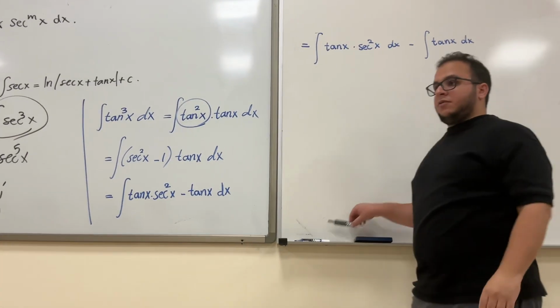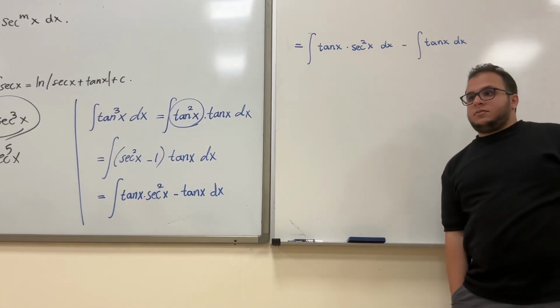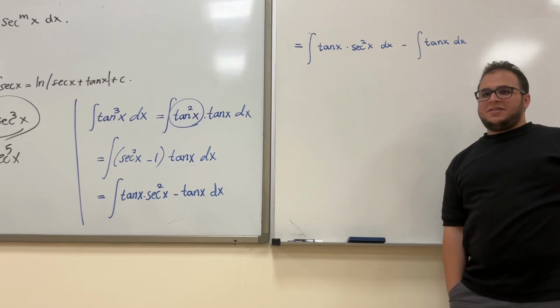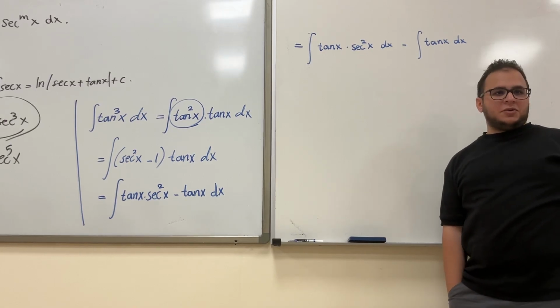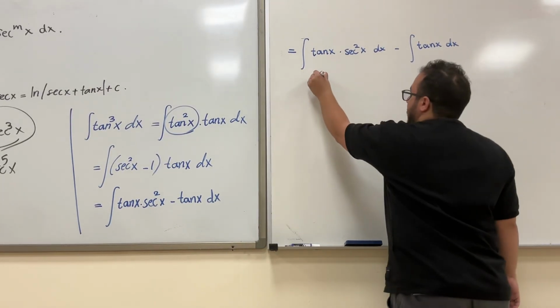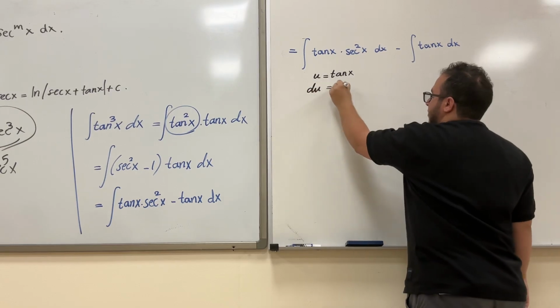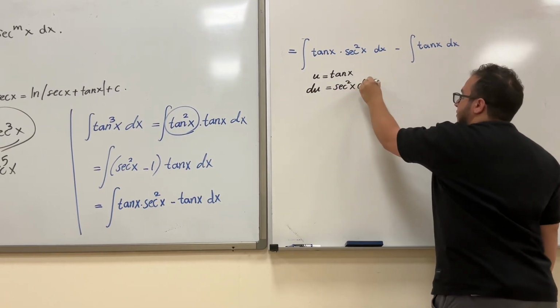For this one, what do you think I should do? Use substitution. Yes. I see a function and its derivative, no? What's the derivative of tan? Secant squared, right? So u equals tan x, du equals secant squared x dx.